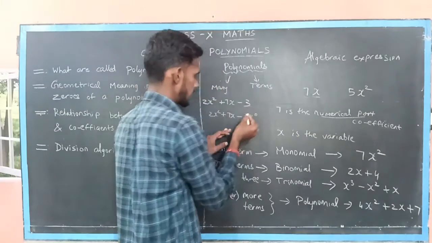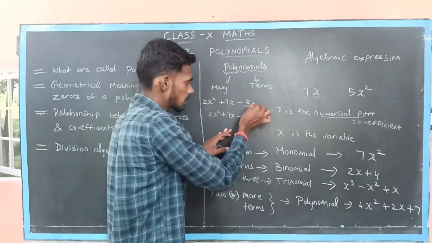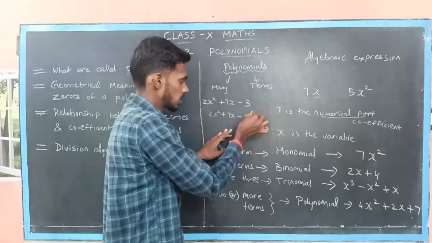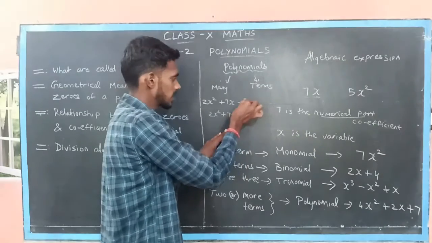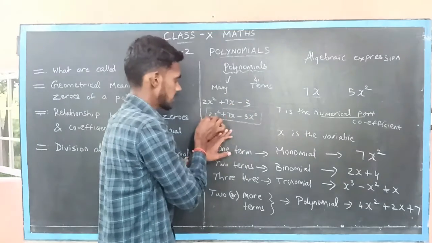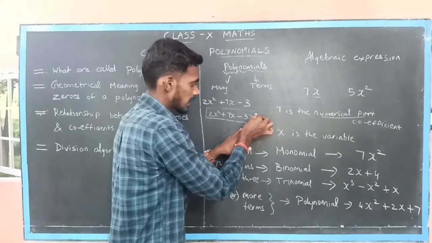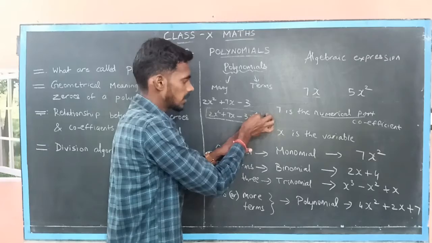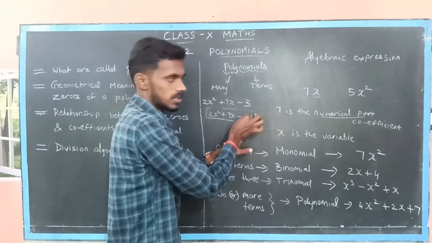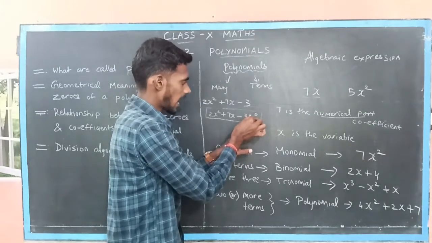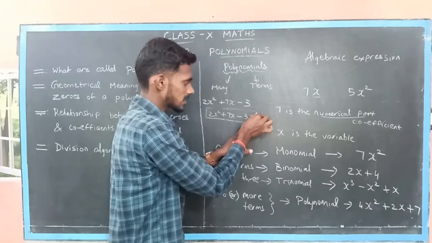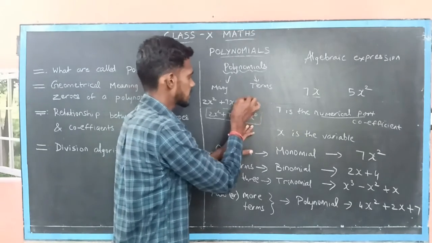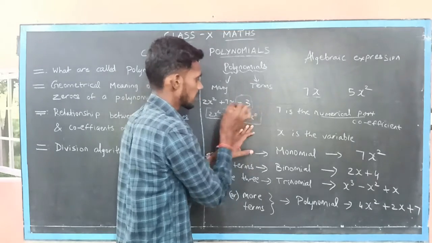Anything power 0 gives 1, so 3 into 1 gives 3. Here the power of the variable is 0, so the term containing the variable with power 0 is known as the constant term. In this example, minus 3 is the constant.